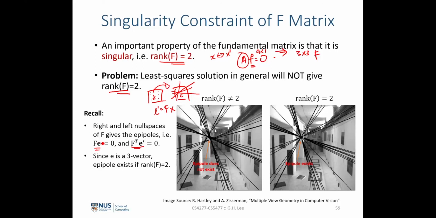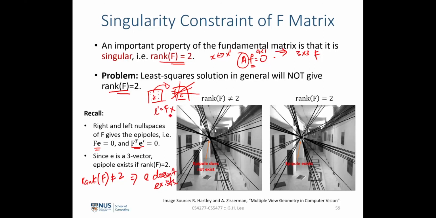Now, in order for this epipole to exist, since the epipole lies on the left or right null space of the fundamental matrix, F must be less than full rank. If F happens to be full rank, then e would be a trivial solution. What this simply means is that if the rank of F is not equal to 2, this implies that e doesn't exist, which is geometrically shown here.